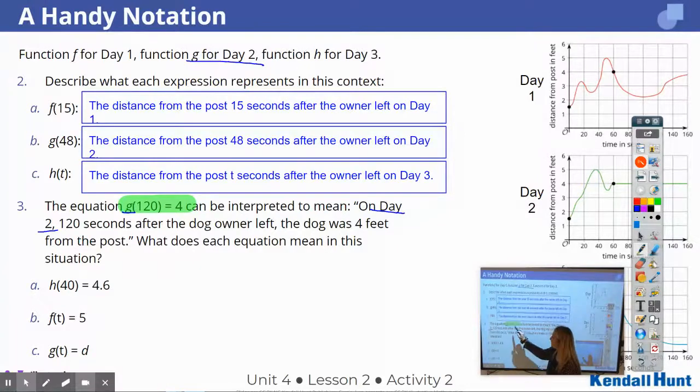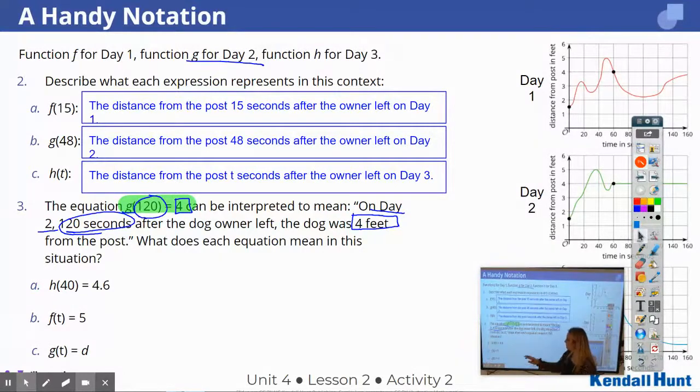And then inside our parentheses, our input is 120. And 120 seconds is the time after the owner left. And then it is set equal to 4. 4 tells us that the dog was 4 feet away from the post at that time. Okay, so we can know what this equation is talking about based on the situation.